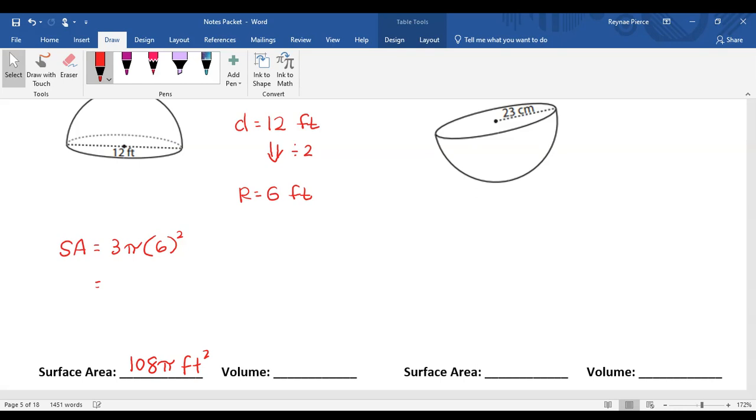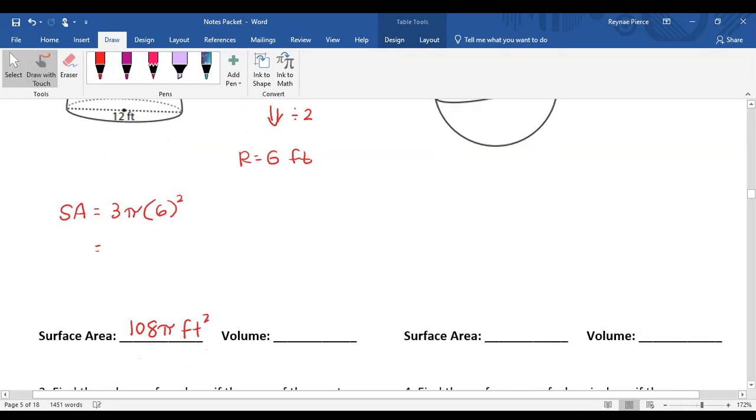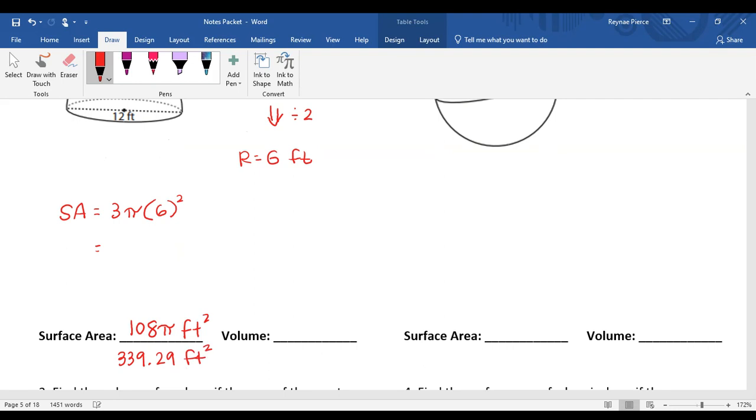Which is approximately 339.29. But volume, we're going to take 2/3 pi times our radius of 6 cubed.